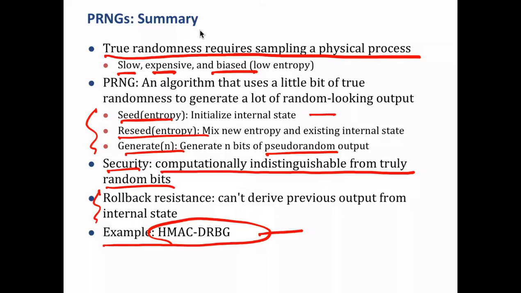Yeah, so the idea is that if you hacked into a system now at this point in time, can you find out previous states or previously generated random numbers? So the system should not allow that.